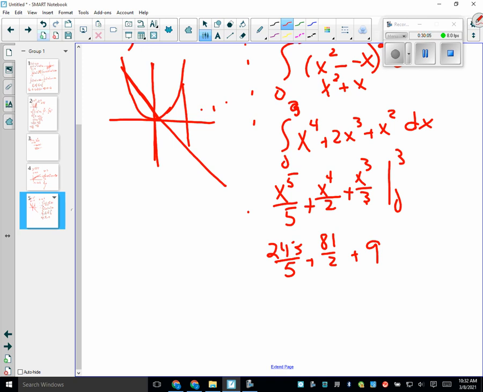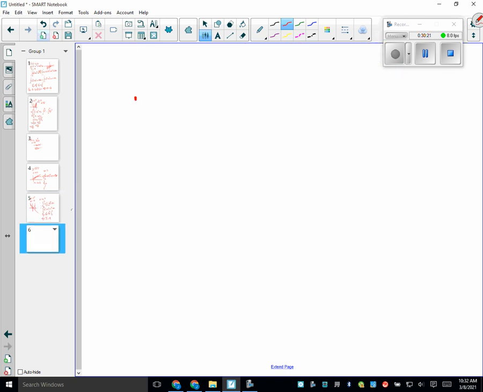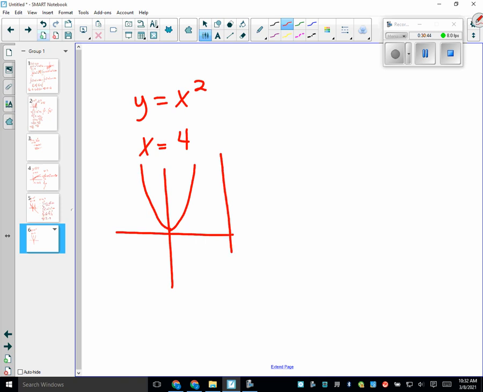Well, what do you feel uncomfortable with? All of them. Finding when it's in terms of y, when it's in terms of x. Can you give me a short definition? So if I gave you y equals x squared and x equals 4, and we revolve it around the y, you know this looks like this.